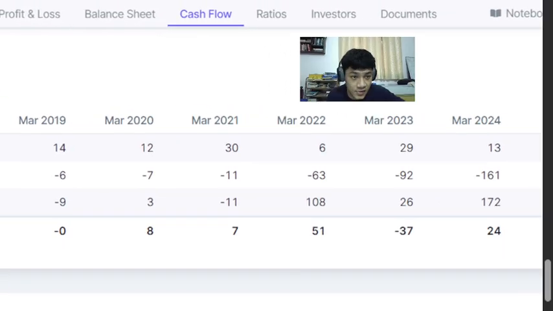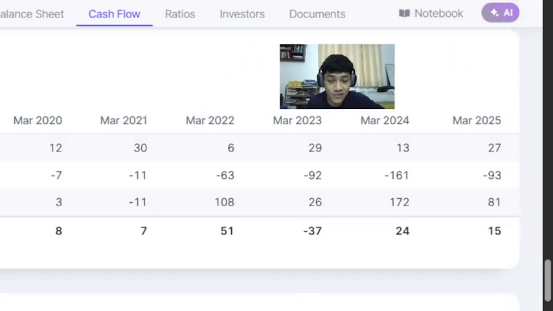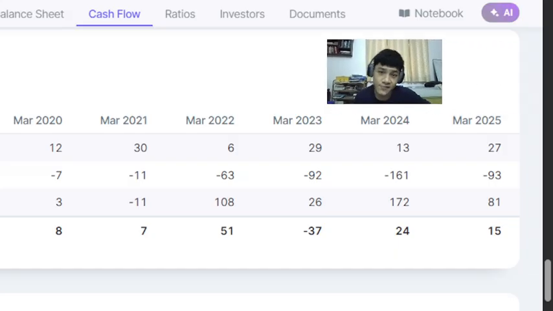But since 2021, cash flows have fluctuated and the highs have remained the same. Over the last 5 years, or let's say the last 4 years, the company has not seen any growth in cash flows, with very fluctuating cash flows.